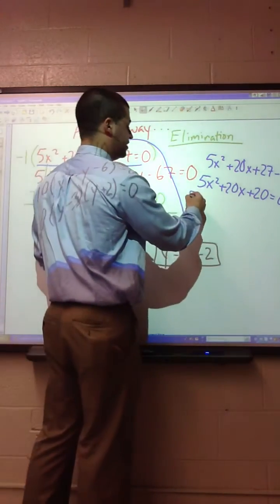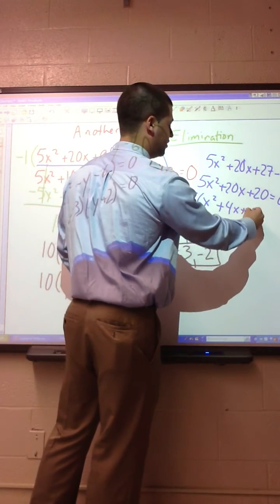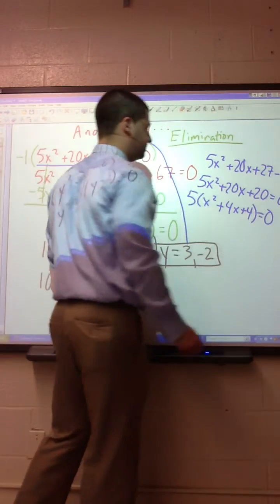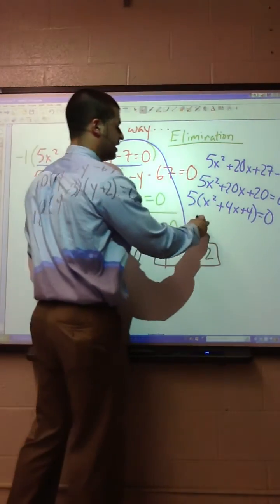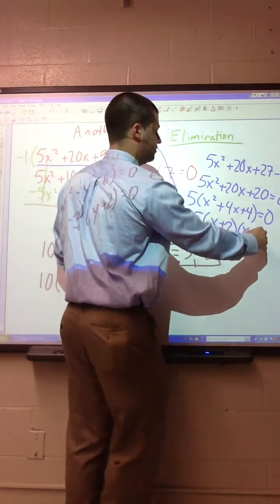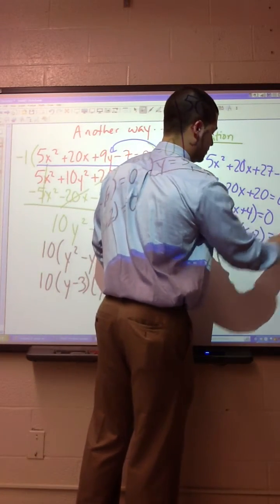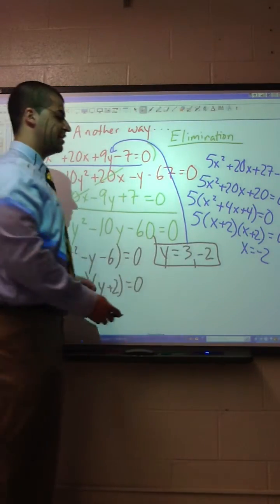Here now we can take out a GCF of 5, x squared plus 4x plus 4 equals 0. And now we can factor that. We say x plus 2, x plus 2. So x equals negative 2. And that gives us one of our points. When y is 3, x is negative 2.